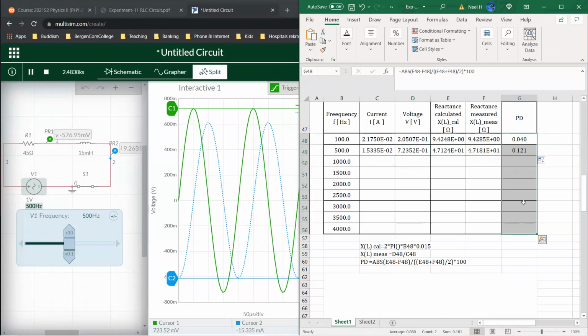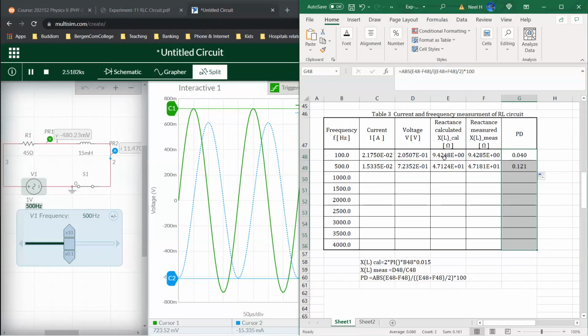Here we should get very low percentage error values. Okay, usually less than 2%, definitely. All right, so that looks good. The current passing through actually decreases and the voltage accordingly increases a little bit, okay? And the reactance, if you take a look, earlier it was about 9.4, now it's about 47. So it is now increasing, okay?